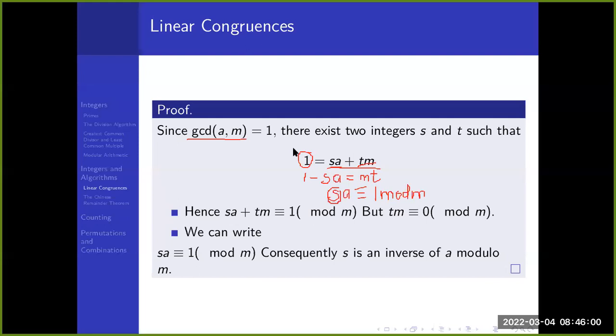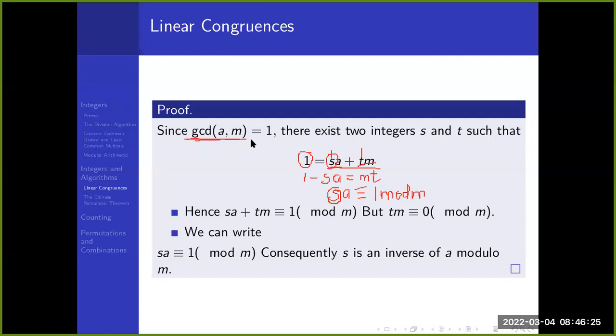The inverse is just this s. And the Euclidean algorithm can help us to find s and t. And once you find s, that is the inverse we are looking for. So anytime the GCD of a and m is 1, it's always possible to find the inverse of a modulo m. And that would be this s here.